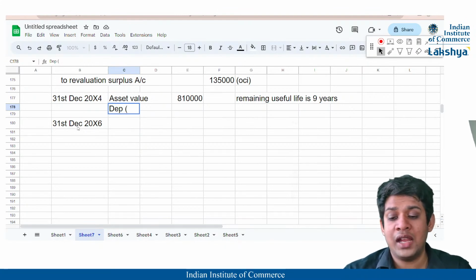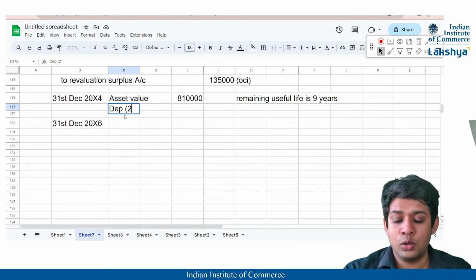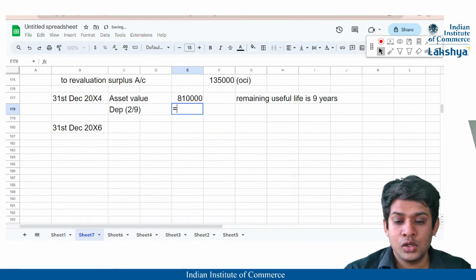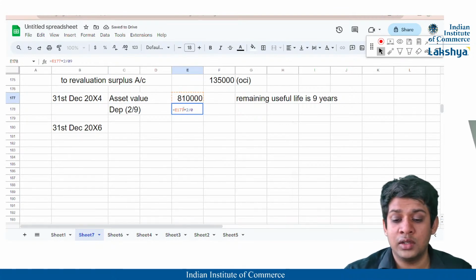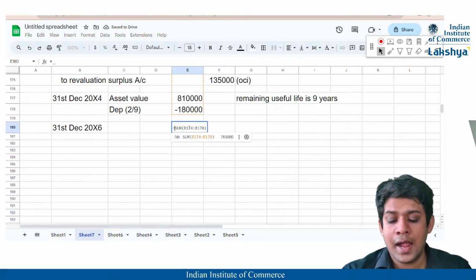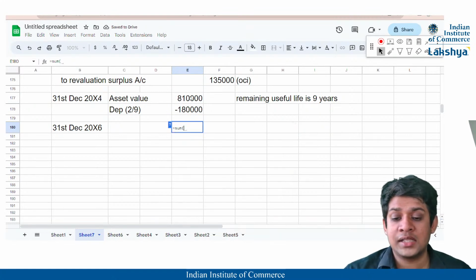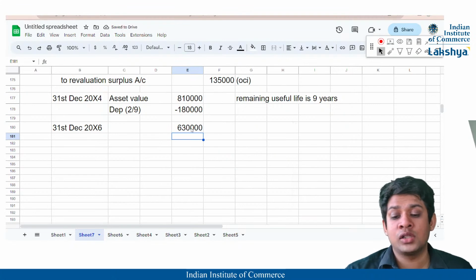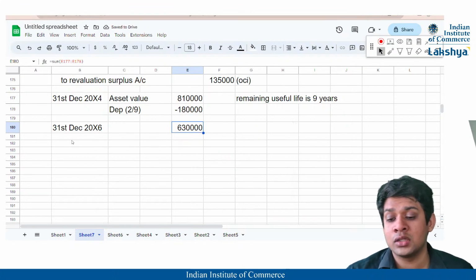So depreciation will be 8,10,000 into 2 years divided by 9 years useful life. So the depreciation charge of 2 years will thus be 1,80,000 and the asset's carrying value at 31st December 2016 will be 6,30,000.